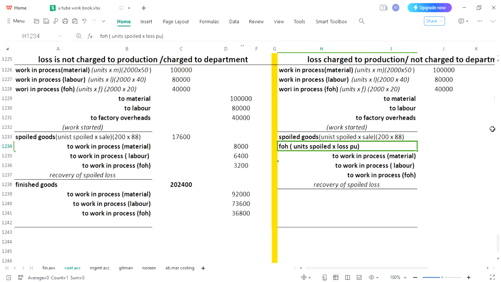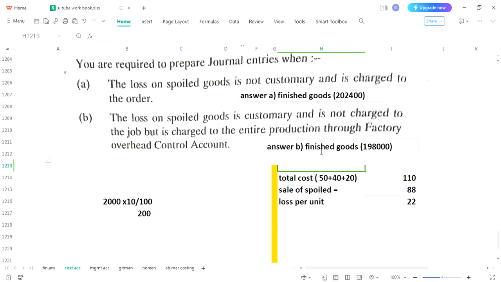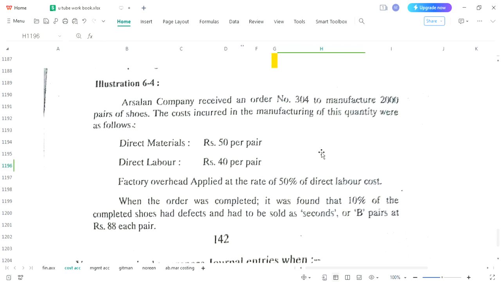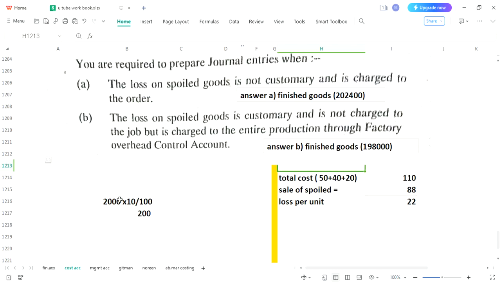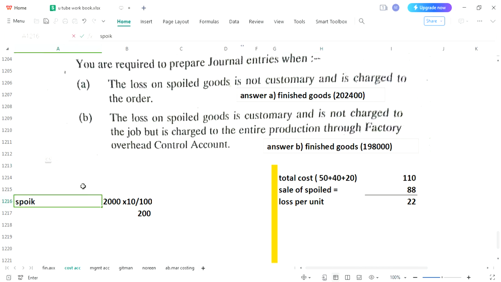Right side, when you have charged this to the production, you have additional FH over here, and you are going to write its amount: units spoiled. How many number of units were spoiled? This you have already calculated. 10% of the good units, 2000 total number of units, 10% were spoiled, and you can write over here spoiled units.